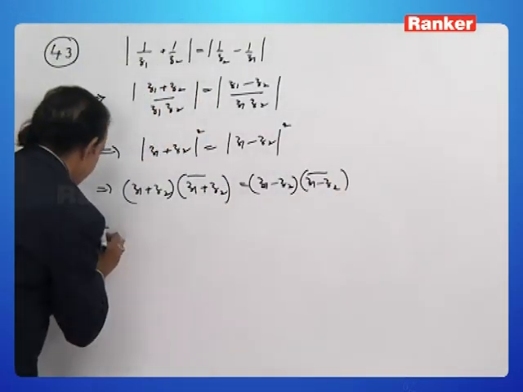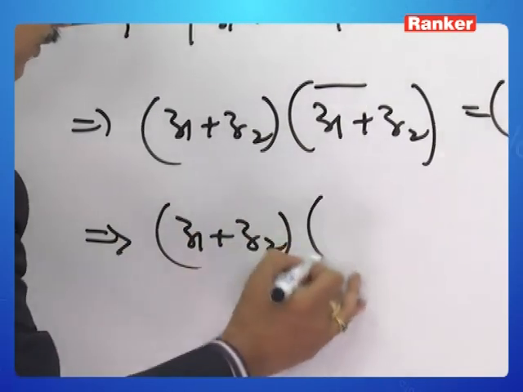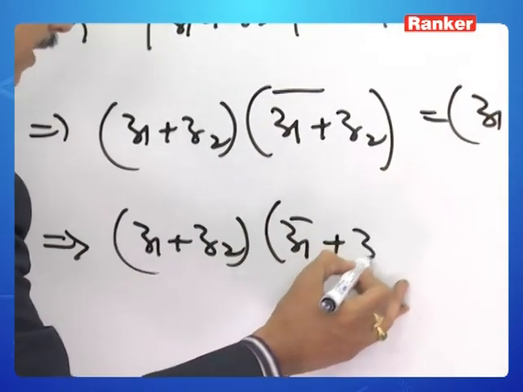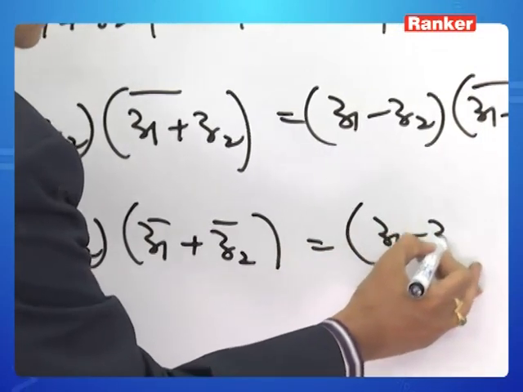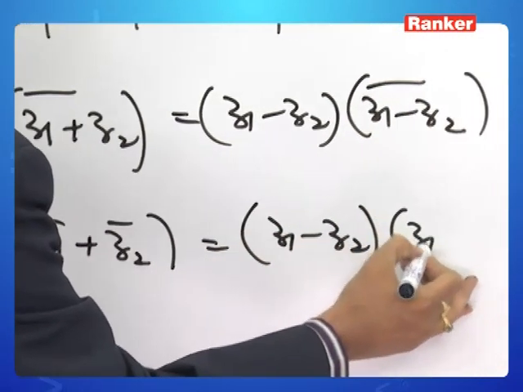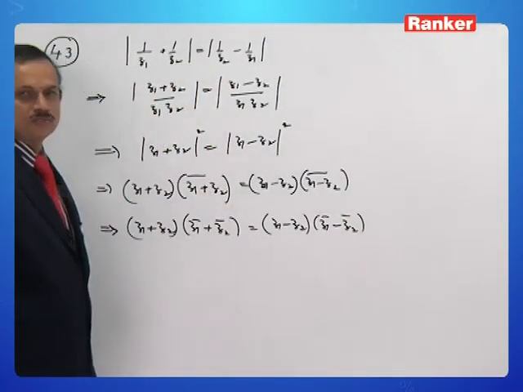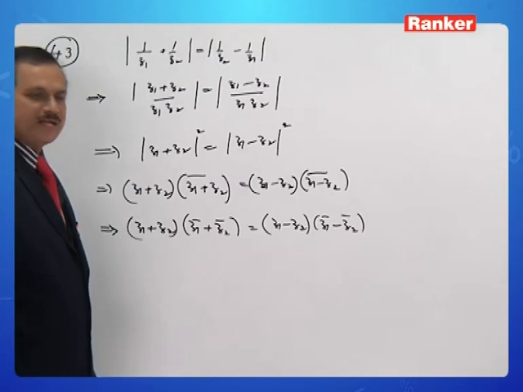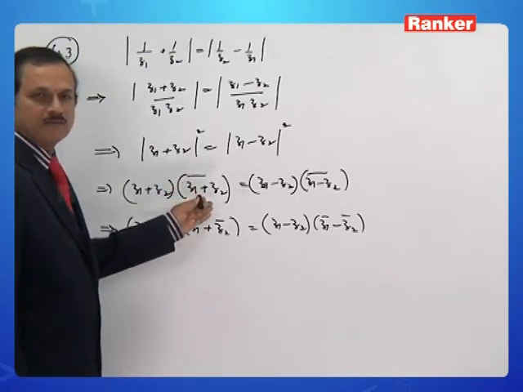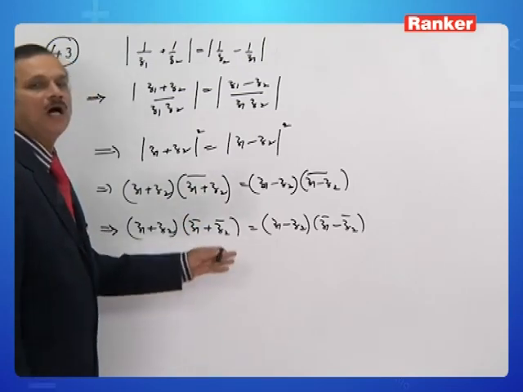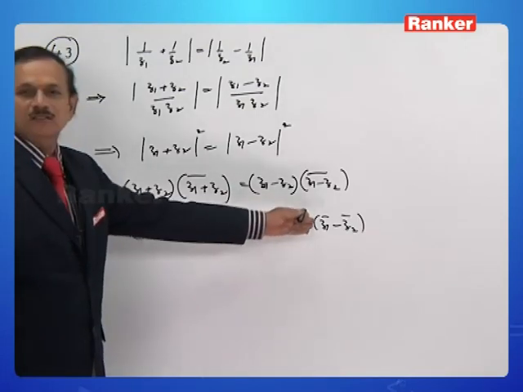Again, this implies Z1 plus Z2 into Z1 bar plus Z2 bar is equal to Z1 minus Z2 into Z1 bar minus Z2 bar. It's very simple, of course, to trace this step. We have made use of the concept that the conjugate of a sum of complex numbers is nothing but the sum of the conjugates, and accordingly about the difference also.